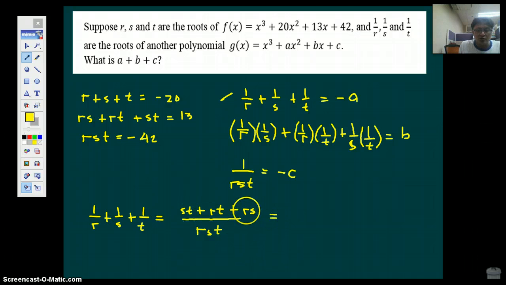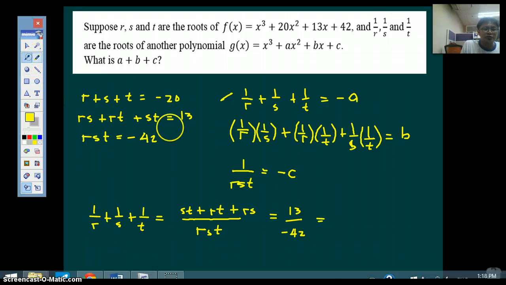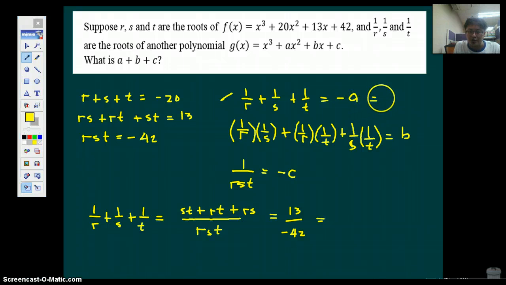Notice that the numerator is simply 13. The denominator rst is the product, negative 42. So this is negative 13 over 42, which cannot be simplified anymore. If negative a is equal to negative 13 over 42, then a is equal to 13 over 42.